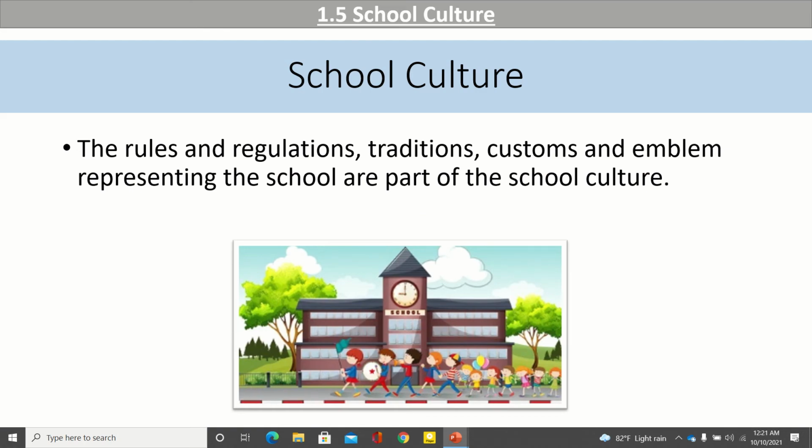Rules and regulations, some laws, some regulations, traditions, customs, and the emblem representing the school are part of school culture. These are the major parts of school culture.